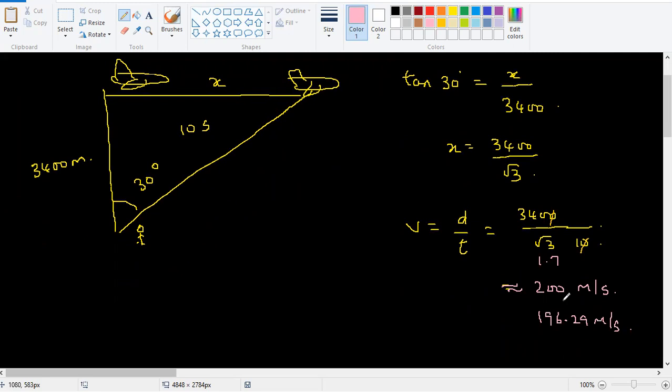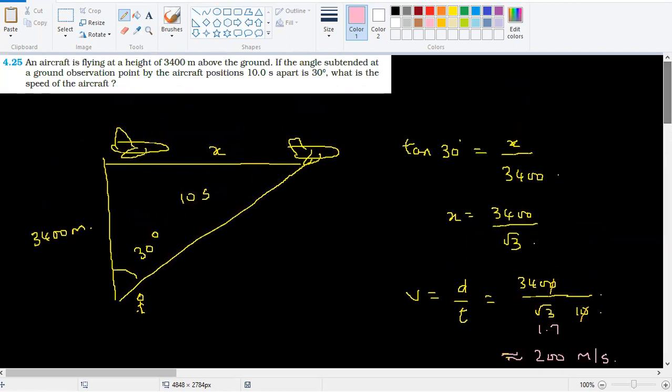Any questions here? Quickly take a look at it. But as I said, the question is not very clear. It could have been something like this also, because they didn't say the observer is vertical this way.